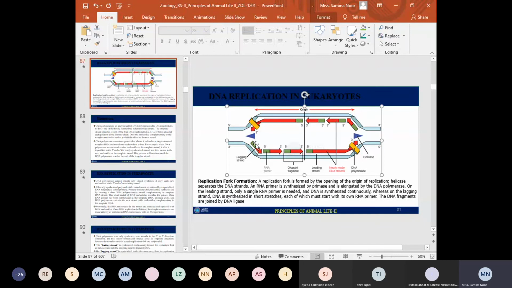And then in the lagging strand, the synthesis is not continuous, and the discontinuous synthesis involves more than one primer. So in this case, more than one primer is involved, for each short fragment or Okazaki fragment.